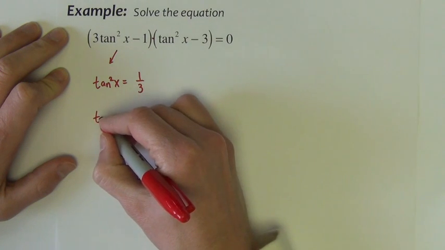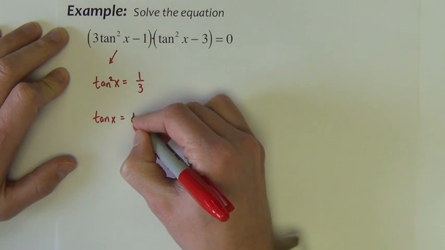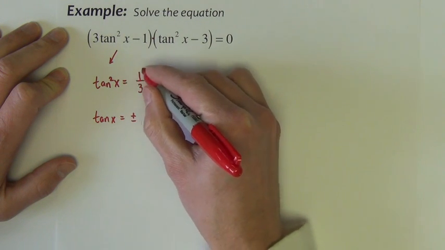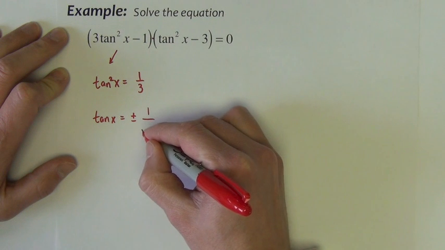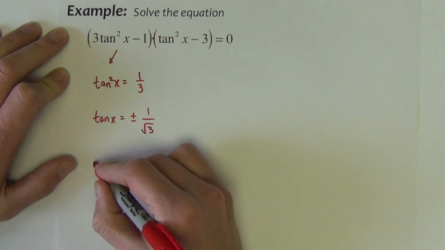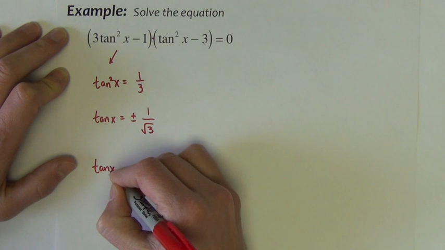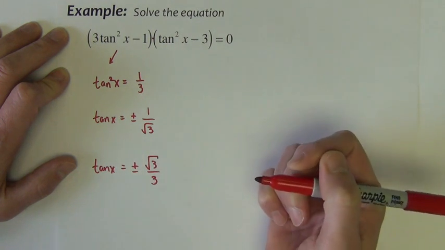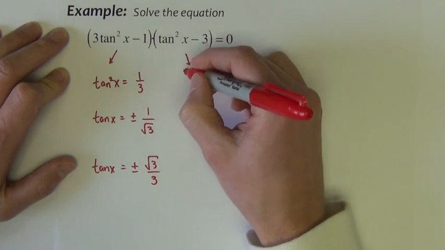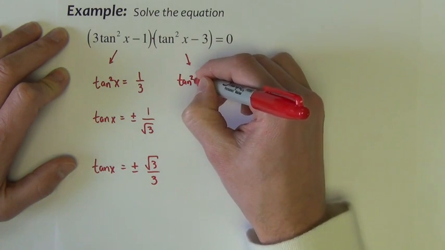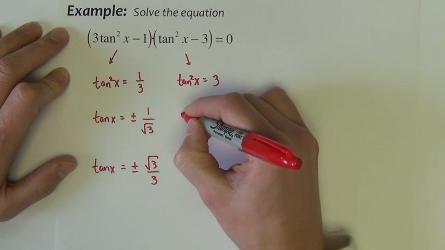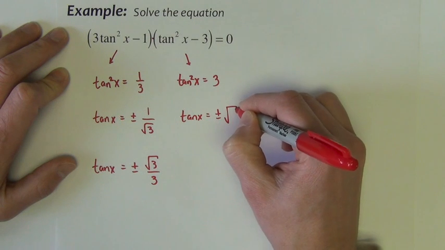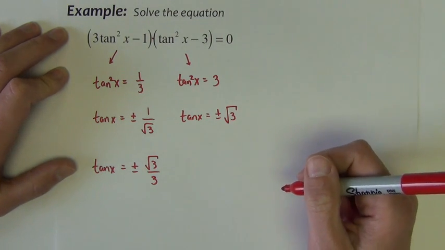So that means tan x is equal to plus minus the square root of 1/3, which would be 1 over square root of 3, or tan x is equal to plus minus square root of 3 over 3. This one is tangent squared x equals 3, so tan x equals plus minus square root of 3.